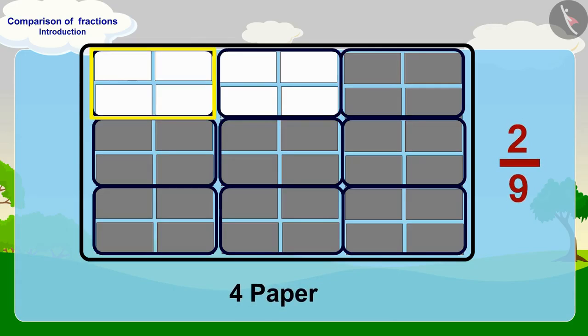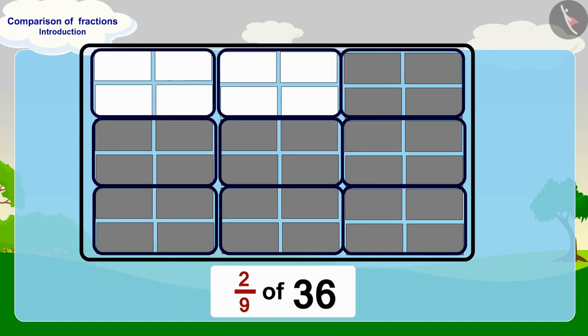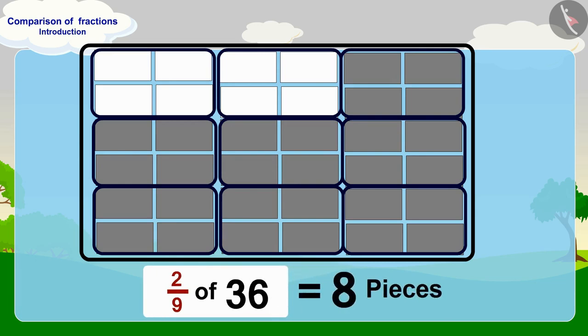There are 4 pieces of paper in one part of this fraction. So, how many pieces will be there in 2 parts? 2 multiplied by 4, 8 pieces of paper. In this way, 2/9 of 36 is 8 pieces of paper.